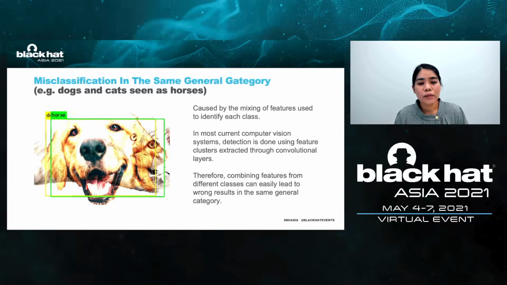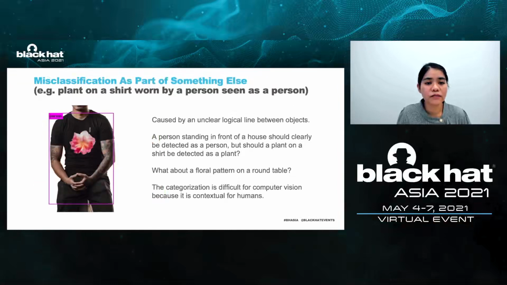In most computer vision systems, detection is done through feature clusters extracted through the convolutional layers. That's why combining features from different classes can easily make this happen in the same general category.